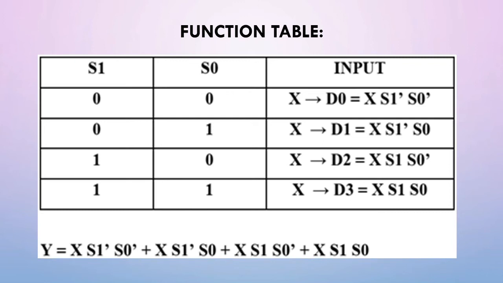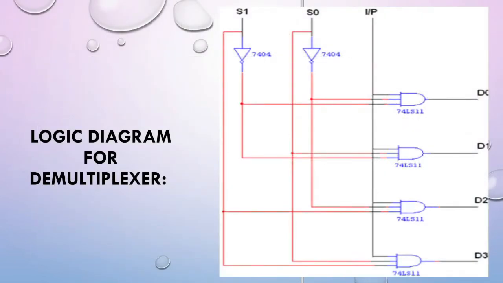Here also we can see that they are using normal XNOR gate operations. So Y is equal to X S1' S0' plus X S1' S0 plus X S1 S0' plus X S1 S0. So the logic diagram for the demultiplexer will look like this.